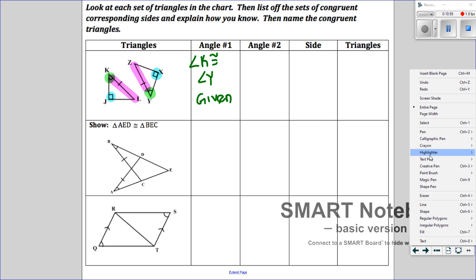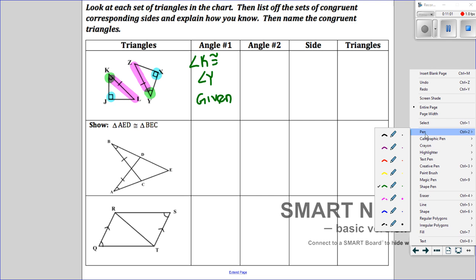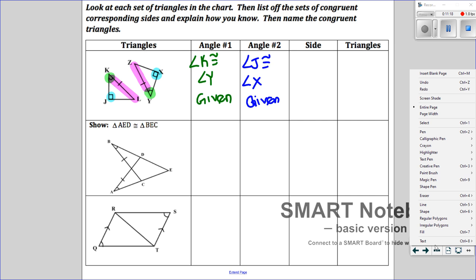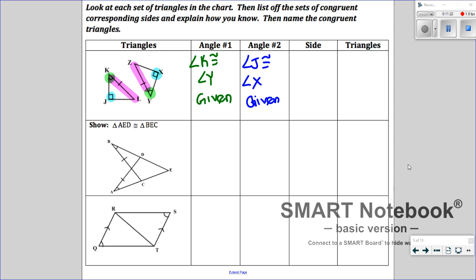Then for the second angle, which I put in blue, I got angle J is congruent to angle X, and that's given. And then the third piece, which is the side. Oh, I have the dashed lines, I don't want that.